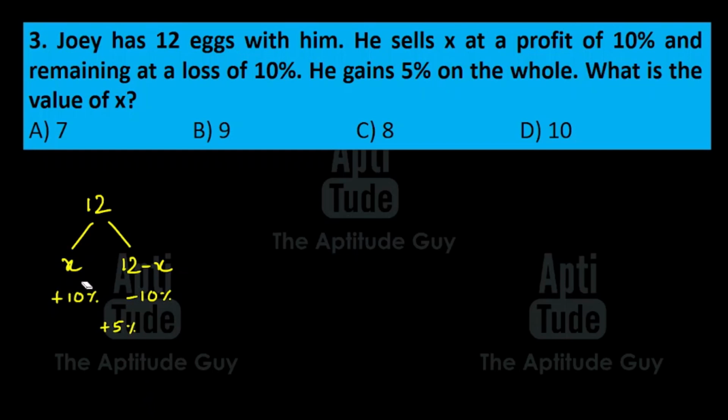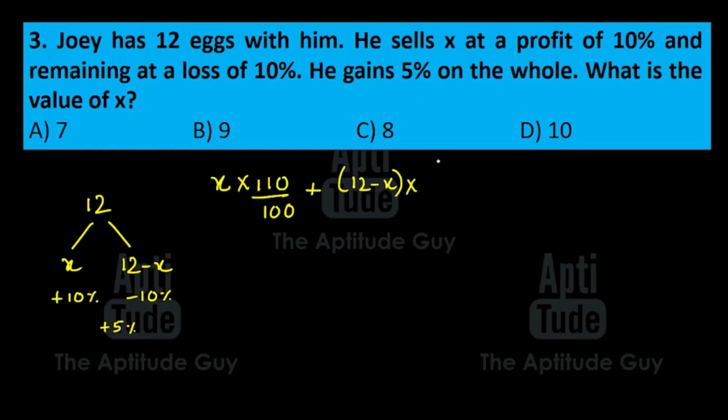That is the question. Now, we can solve this question using a very simple equation. Let's do that. We have x eggs being sold at a profit of 10%. Profit of 10% means 110%. Plus, you have the remaining eggs, that is 12 minus x.